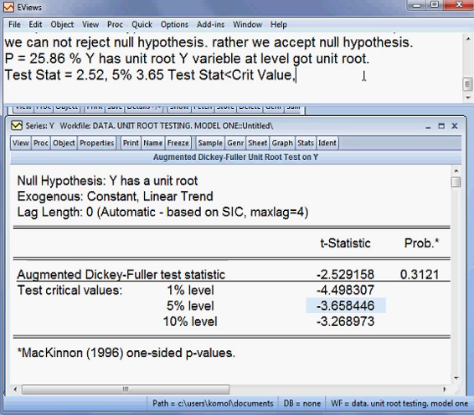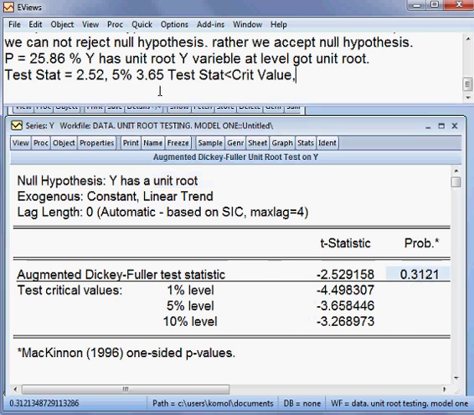And the question is, what is our null hypothesis? Our null hypothesis is that y has a unit root, meaning that there is a unit root. And what about the p-value?